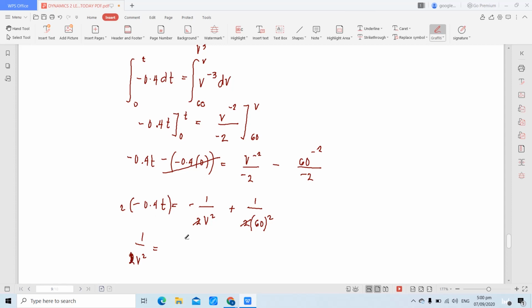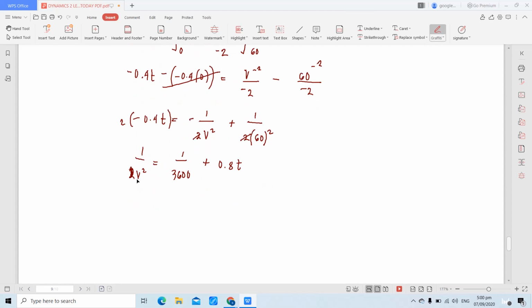This is equivalent to 1 over 3,600. Tama? And then, ito, lipat nyo sa kabila. That will become negative, so plus 0.8 t. Nagigets po, guys? Okay, by cross multiplication, yung v squared, lilipat natin dito, etong function of time na to, pupunta sa denominator ng 1.